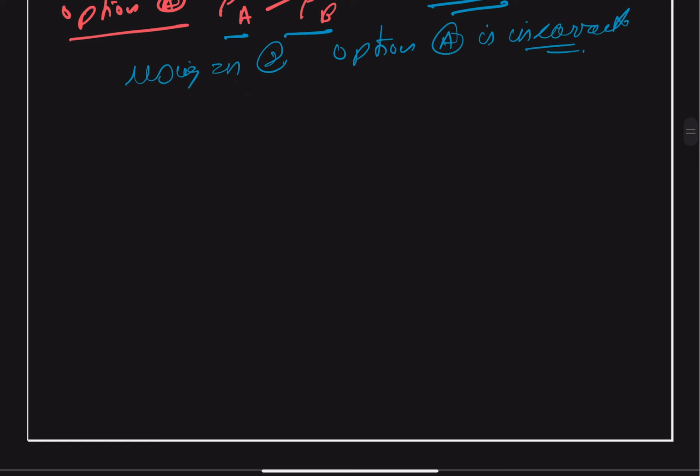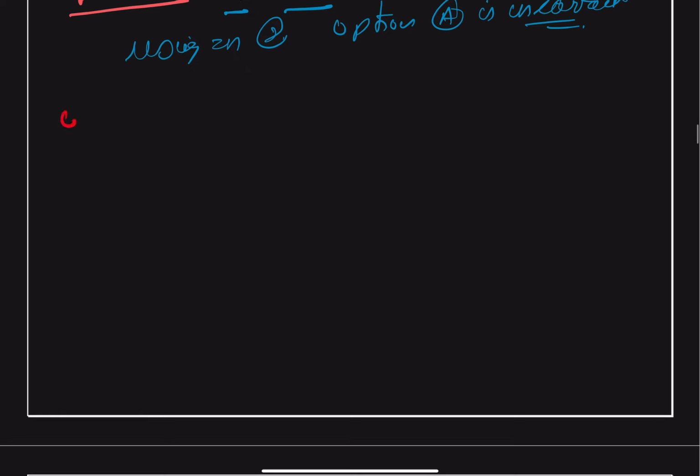Now let us check option B. Option B gives that rho A is less than rho B, and we have here MA is equal to MB.